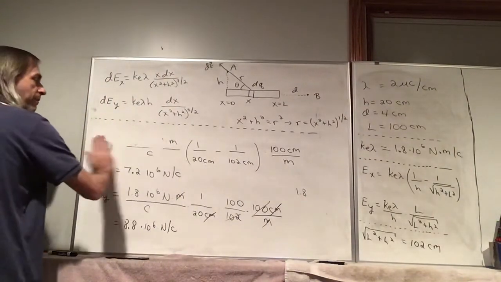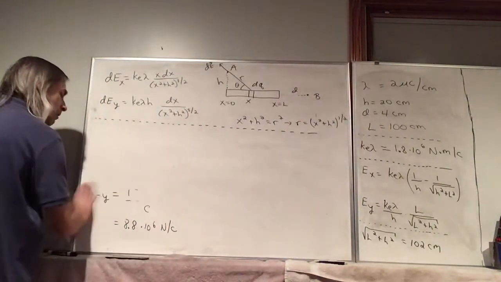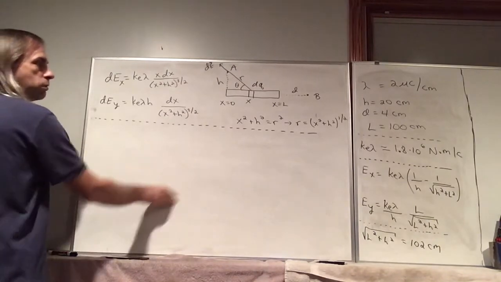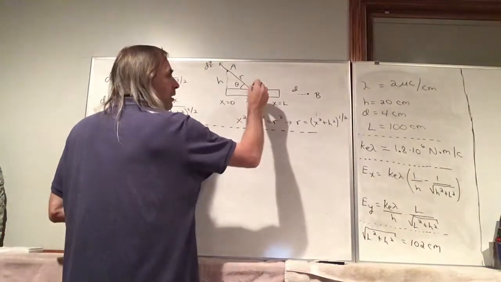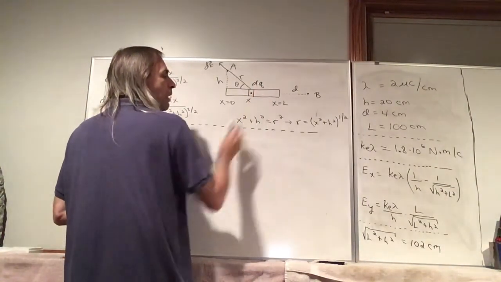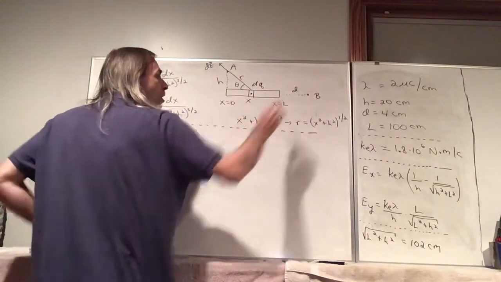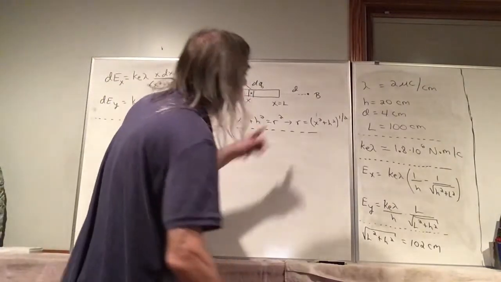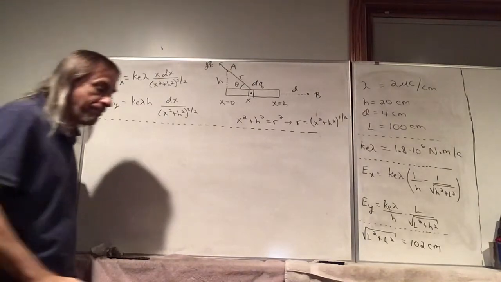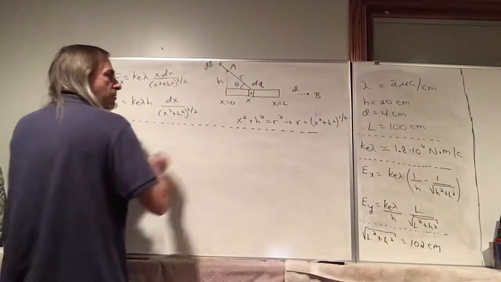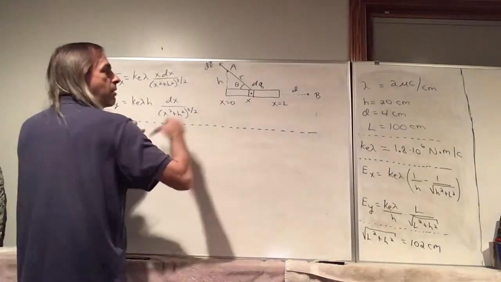So I'm going to erase all of this. And now the R in the formula is the distance from the charge to the point where we're evaluating the electric field. So we don't need this for this one-dimensional problem. So let's say we start here.